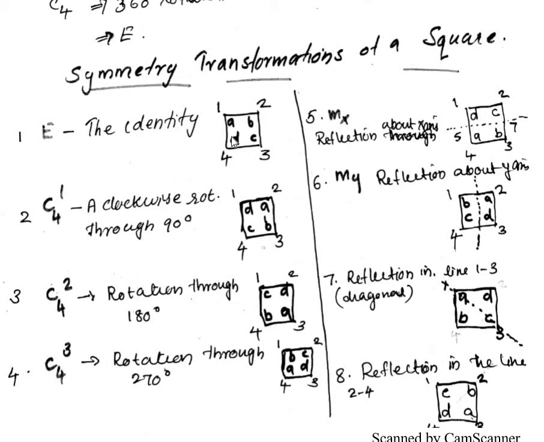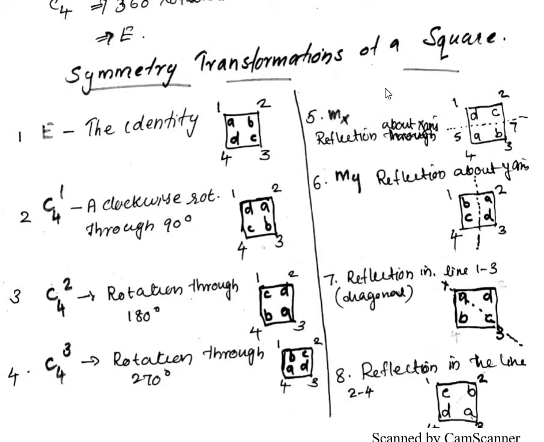Along with the rotation, a square has another 4 symmetric operations, that are 4 reflections that also make the square unchanged. So they are reflection through the x-axis, that is we can reflect the square along the x-axis that makes the square unchanged, or reflection about the y-axis, this reflection makes the square unchanged, and another reflection is reflection through the diagonal elements, and this AB is one diagonal, BD is another diagonal.